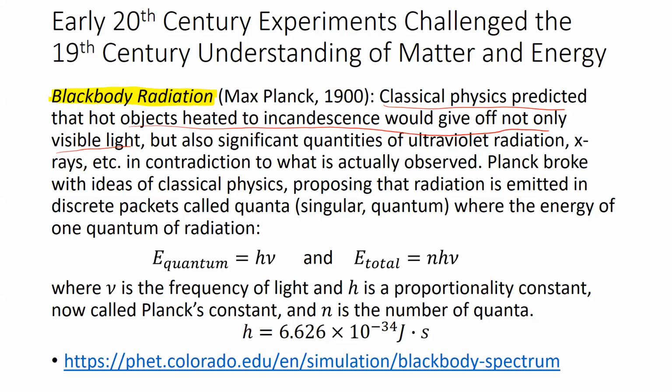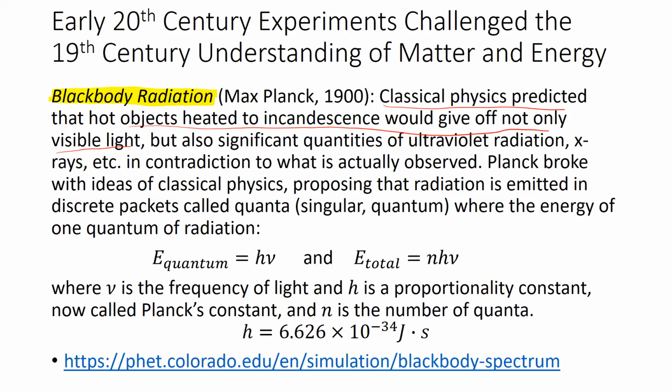If you heat up a black body, a piece of metal, say a piece of iron, to help you visualize that, you could think of a piece of iron that you stick into coals and heat up until it glows, like a blacksmith might do before hammering on it because it's nice and malleable when it is that hot. Well, so it's glowing metal, right?